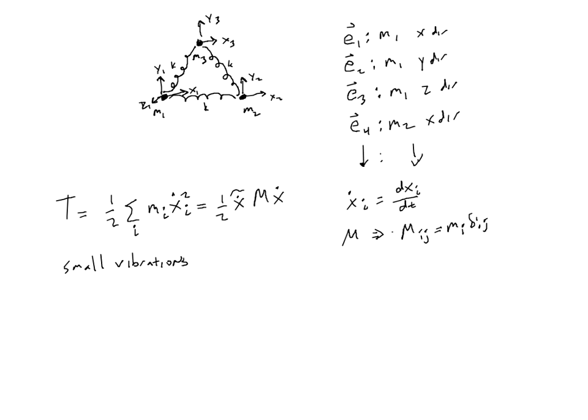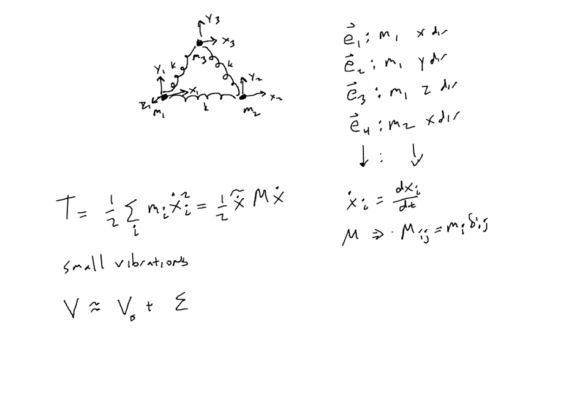So the idea is that we also have not just kinetic energy, but potential energy. The potential energy can be thought of as doing a Taylor expansion about a certain point, because each one of these has its rest position, and they're going to vibrate about that position.